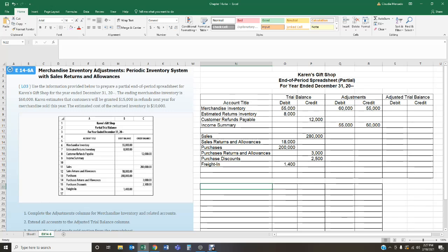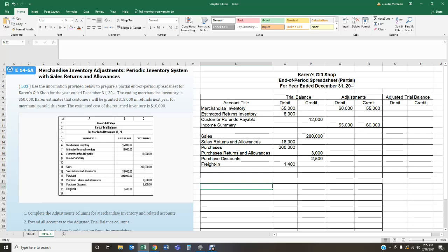So what is the amount for that? It says here, Karen estimates will be granted a refund next year. So Karen estimates that customers will be granted $15,000 in refunds next year for merchandise sold this year.